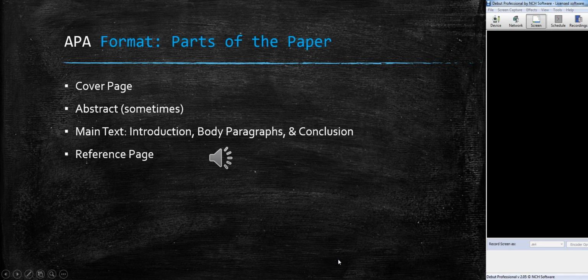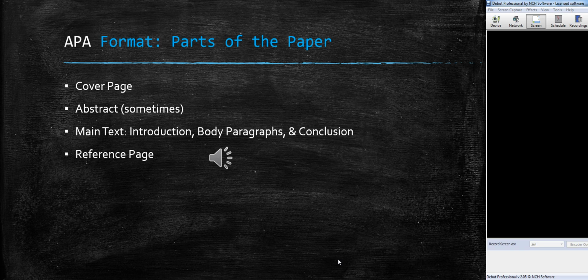There are several parts to an APA paper. The first part, or page, would be your cover page, which you've already seen on the template. The next part is the abstract, which gets a page of its own. It comes right after the cover page and before the main text. You won't always have an abstract.